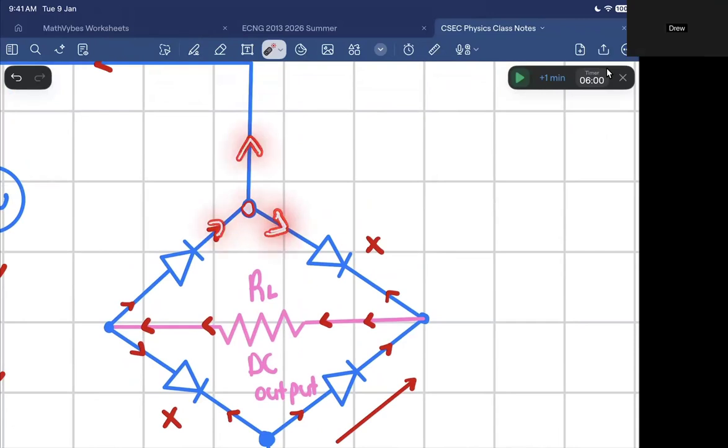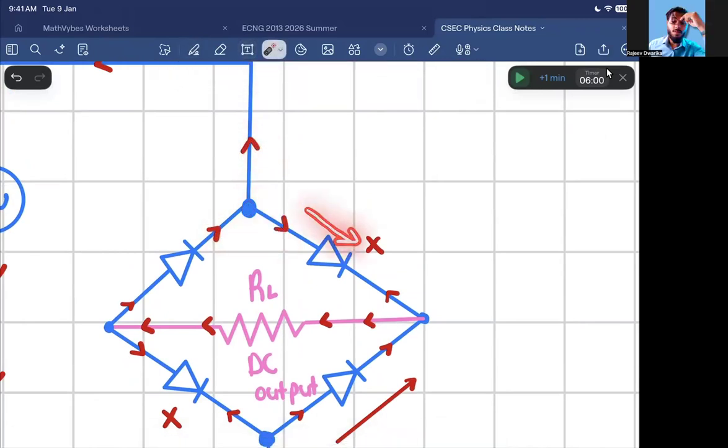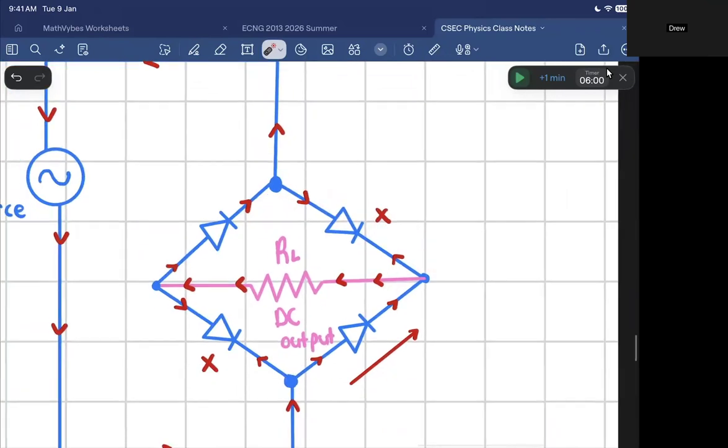Okay, well if the current splits over here, it would go through the diode because it's in forward bias, but when I reach over here, what happens? It'll cancel with the other. So the only path current really gets to take is through the what? The resistor, the load resistor.